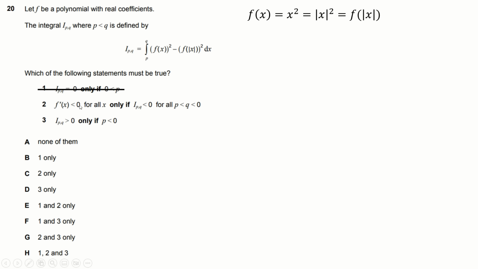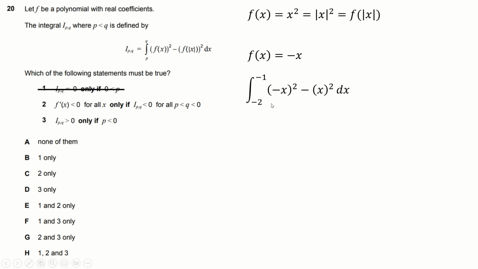Okay, number 2 then. F dashed of x is less than 0. So the most simple example I can think of where f dashed of x is less than 0 always is f of x equals minus x. Because when you differentiate, you get minus 1. So, okay, there's the function I'll work with here. Apparently this is only if I of pq is less than 0. But the thing is, if I integrate this, I've just chosen p to be minus 2 and q to be minus 1.